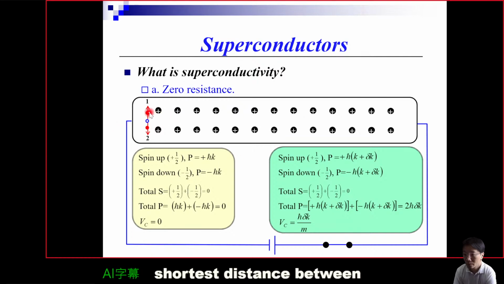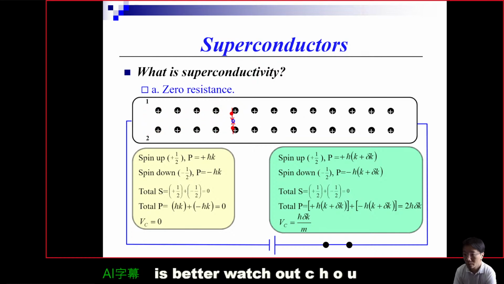So you can see that the electrons have their own mass center. When this electron pair moves around the periodic positive ions, their mass center will hold straight no matter how the positive ion scatters one electron. So let me show you the animation.